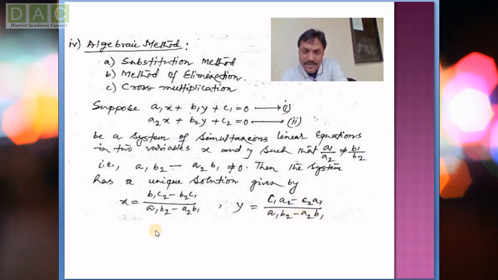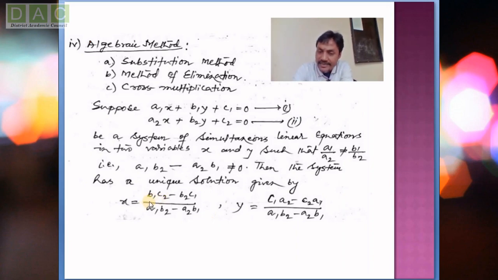But it is sometimes difficult to remember whether it is 1 2 or 2 1. So there is a method to learn or remember this. This is not a formula. Once again, according to the trick, x equals, you just write bc minus bc, whole thing divided by ab minus ab. For y also, ca minus ca, over ab minus ab. I am just telling you the trick for how to remember.